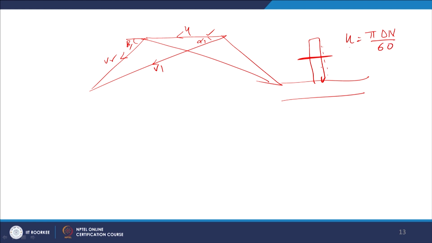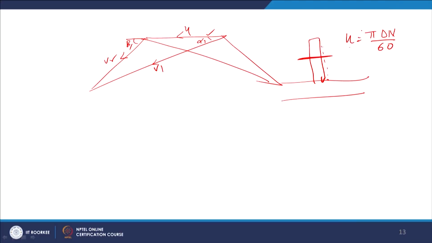So this peripheral velocity will change as we move from this point to this point. In a steam turbine, the blade height goes from 15 to 30 centimeters up to 1 to 1.5 meters. So if you move in the radial direction, u will change. If u increases or is reduced, the blade angle will also change. So the blade angle will keep on changing as you move from this side to this side.